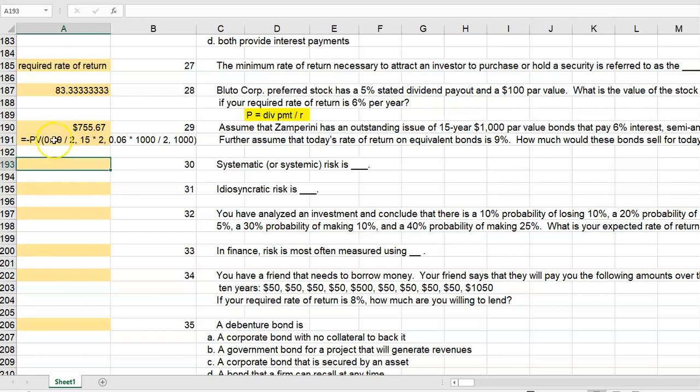All right, systematic risk is not diversifiable. And it's the risk all businesses share.